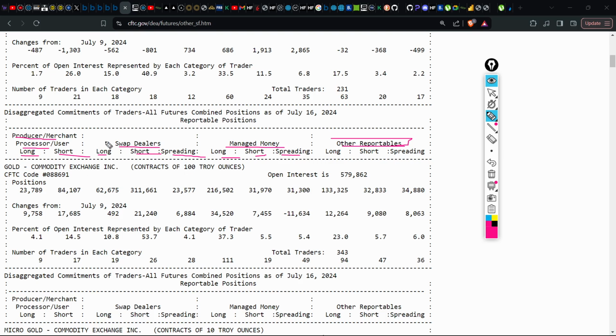The CoT report is where you should look. Essentially, now let's clear everything and look at the open interest. Open interest is 579,862. By definition, let's not look into that for now, but I will show you where you will see it.